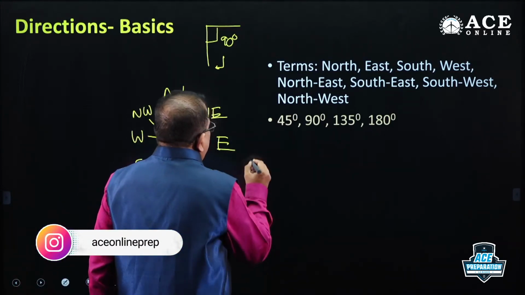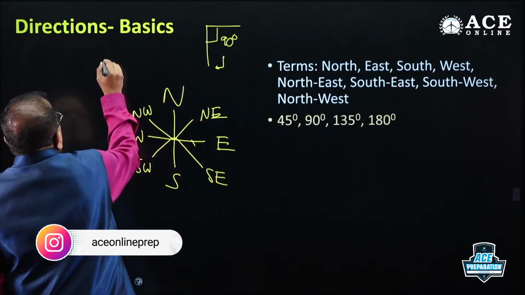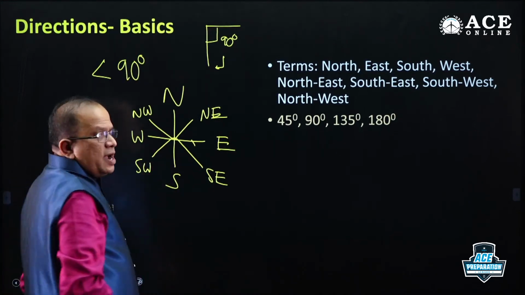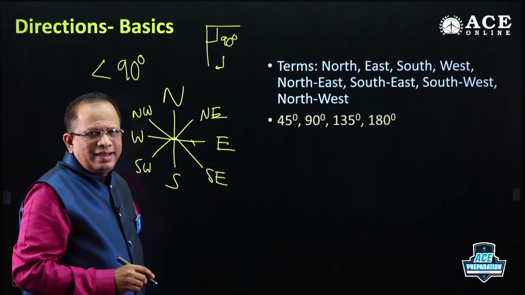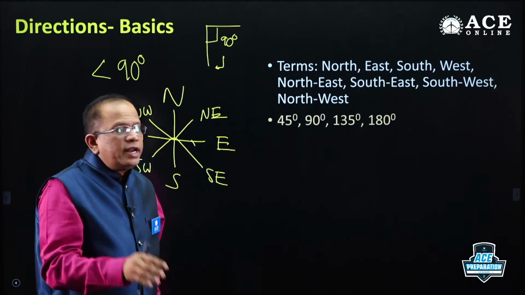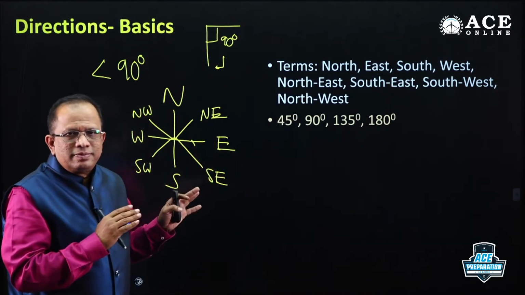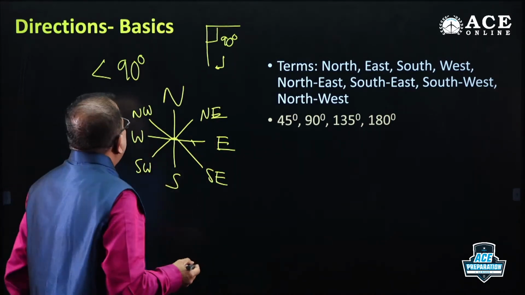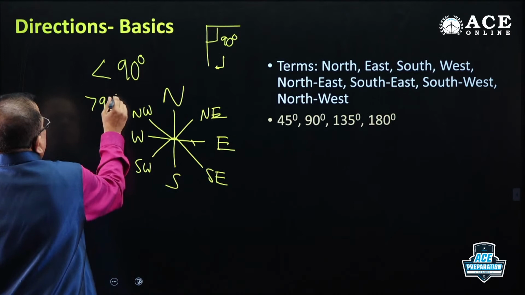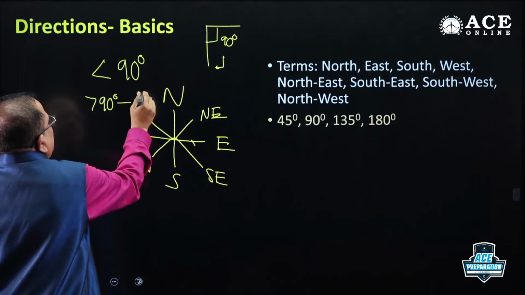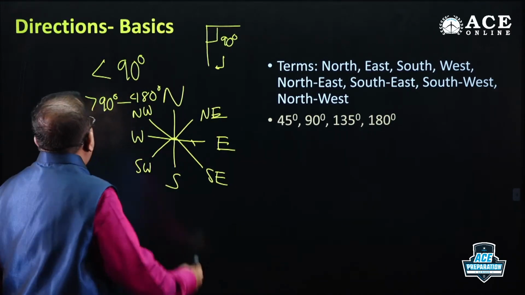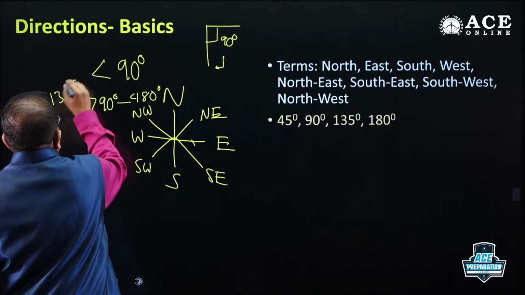Now, any turn which is less than 90 degrees, we consider as 45 degrees. Any angle less than 90 degrees, we consider it as 45 degrees for this particular chapter. Similarly, if the angle is more than 90 but less than 180, we consider that as 135 degrees.